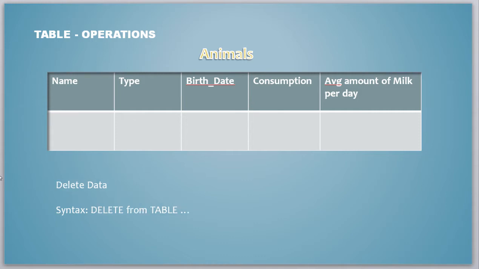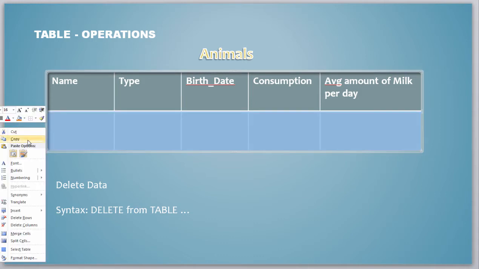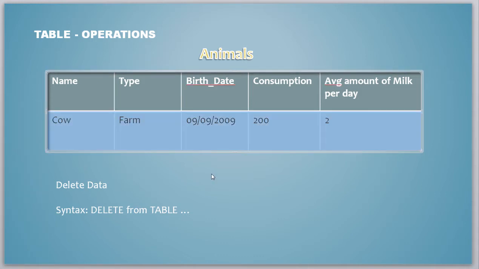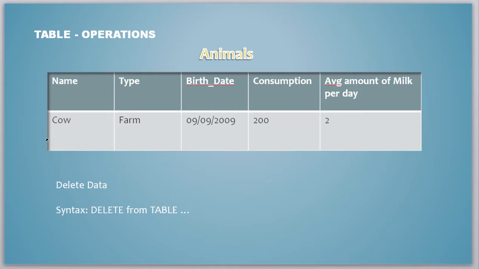And now I'm going to delete the data. The important thing to know is that when you delete, it just deletes the data and leaves the empty row allocated as it is. That's an important thing to note.